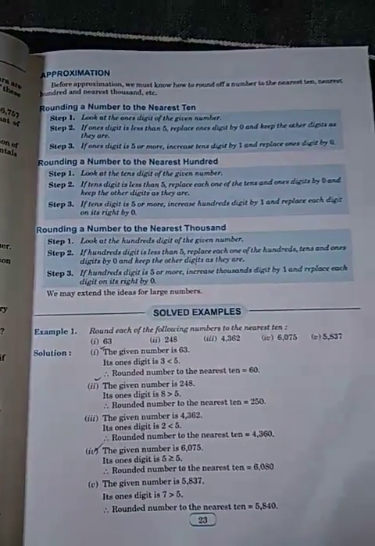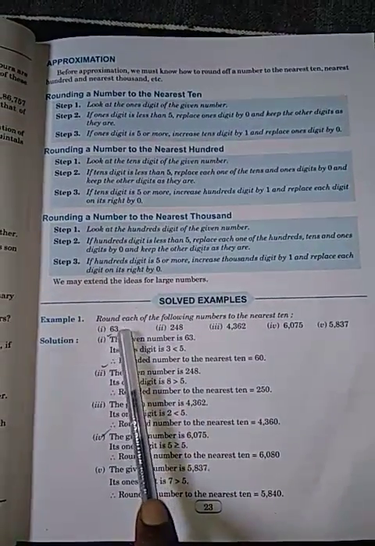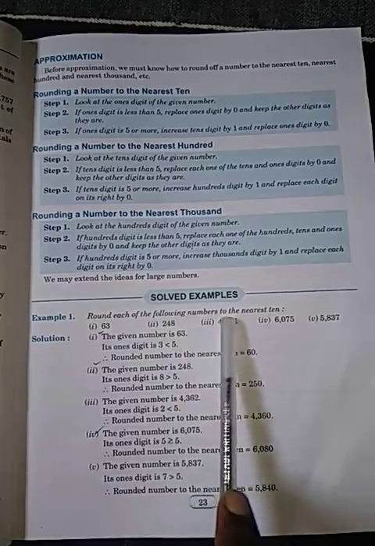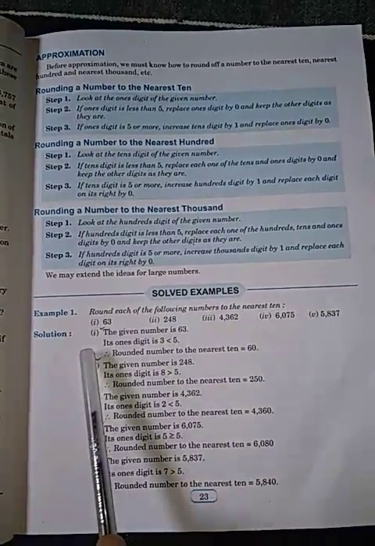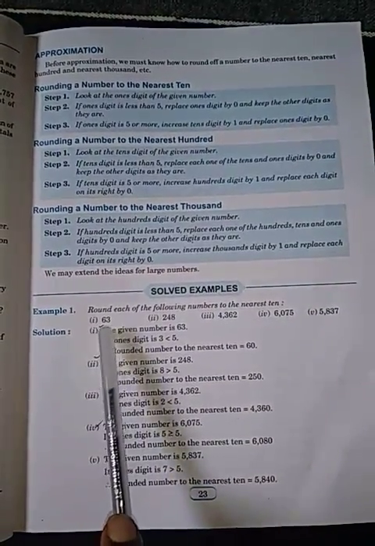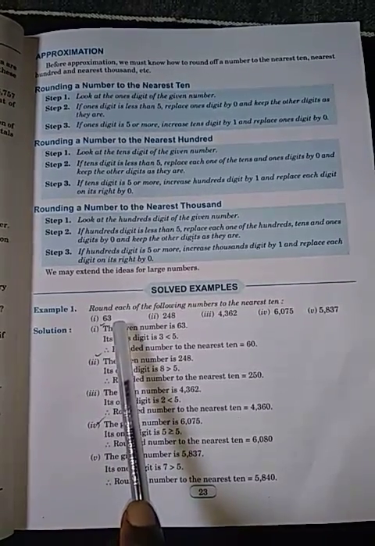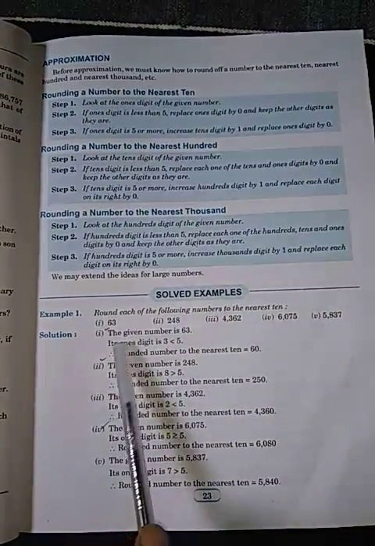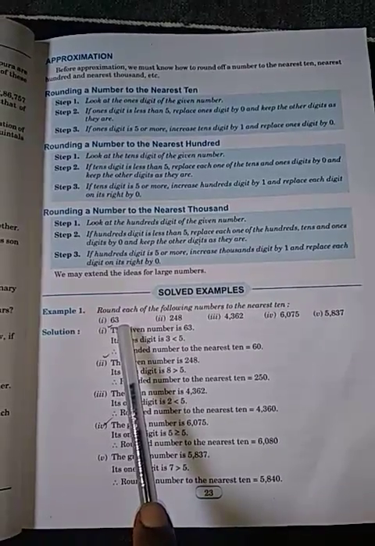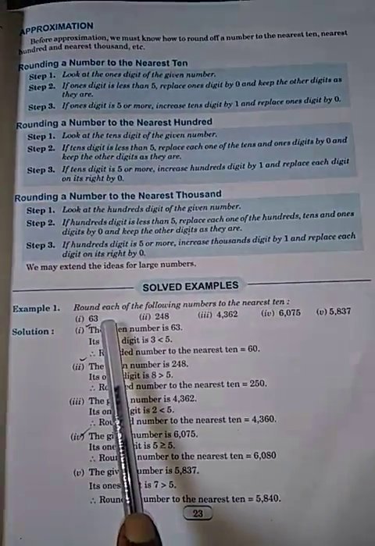For example, round off each of the following numbers to the nearest 10. The given number is 63 and we have to round off 63 to the nearest 10. First look at the unit place digit.